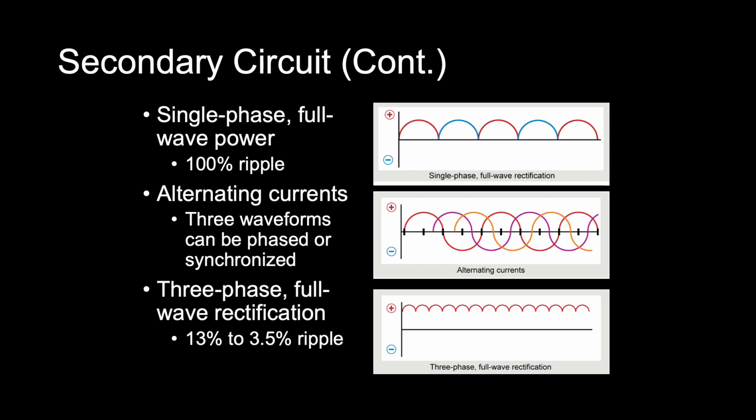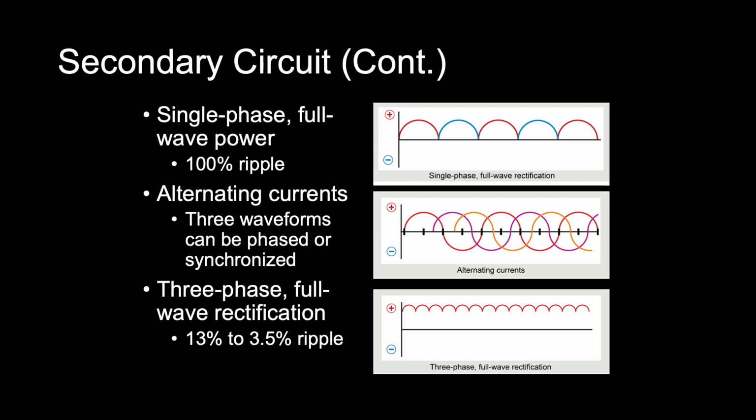Although single phase full wave power is much more desirable and certainly less wasteful, this 100% ripple is a problem because the X-rays vary in energy from the kVp that is selected on the operating console, which is the maximum energy available, and it goes all the way to 0. One solution is to use 3 AC waveforms at the same time.